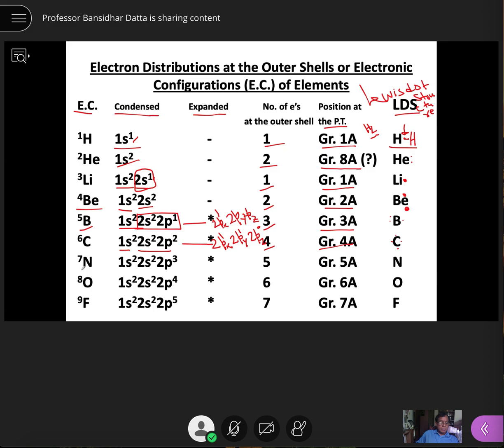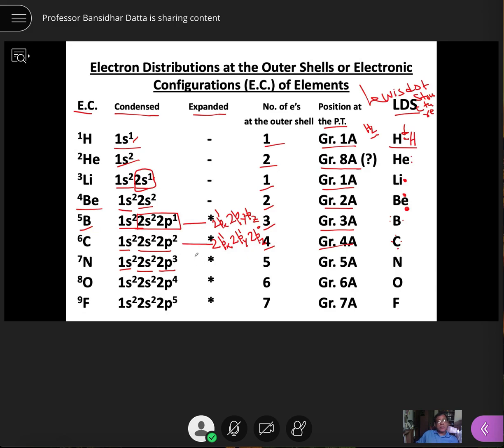Atomic number 7, nitrogen. 7 protons in the nucleus, 7 electrons distributed in the extranuclear space. 1s2 is filled up first, 2s2 second, and 2p3, because you have 3 additional electrons.